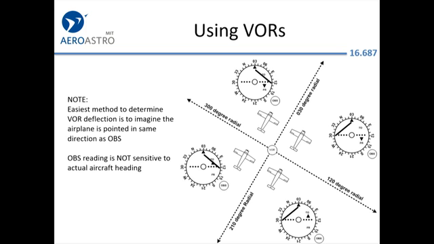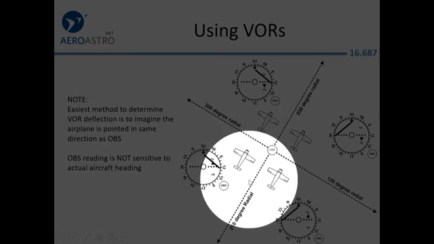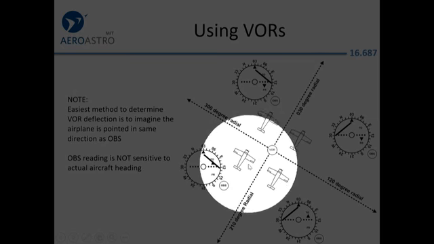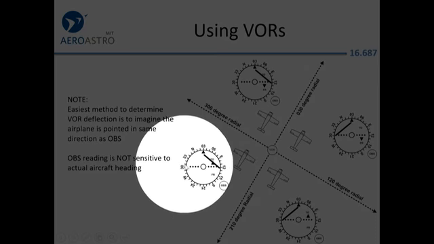So you can see this airplane at left, it's showing that the 030 radial is to the right of the wing, assuming we were actually heading 030, and that we're going vaguely towards the VOR because the to flag is set up.